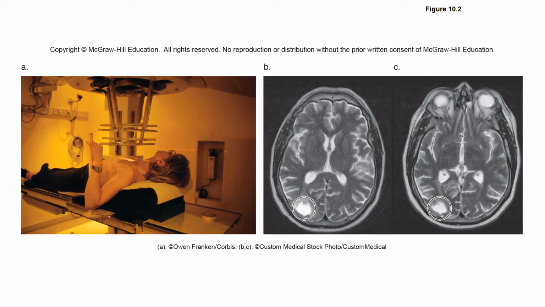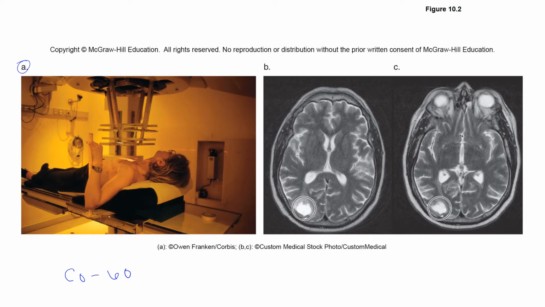So here's an example of that medical application of gamma radiation. And here we have gamma radiation from cobalt-60. So when that decays into nickel-60, we're able to use that to target cancer cells. So what you're seeing right here in this first picture A is the machine that's used as an external radiation treatment for tumors.